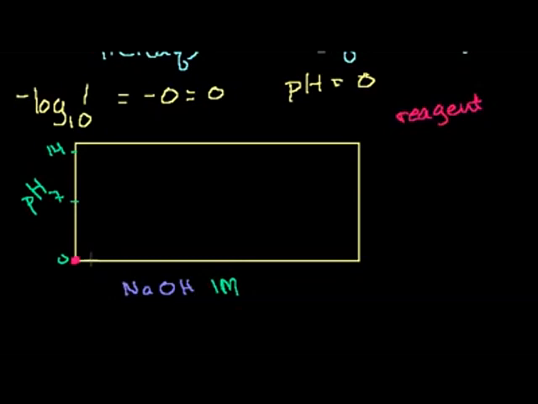So let's say this is 500 milliliters, this is 1 liter, this is 1.5 liters, this is 2 liters. And so on this axis, I'm going to slowly add more and more of this hydroxide.